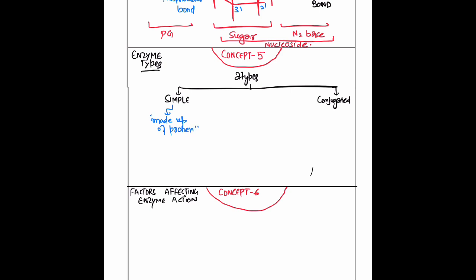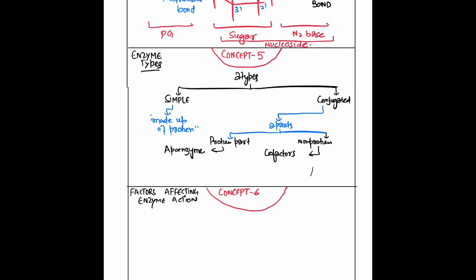And conjugated enzymes have two parts. The protein part, which is called the apoenzyme, and the non-protein part, which is called the cofactor. And always remember, we have three types of cofactors.